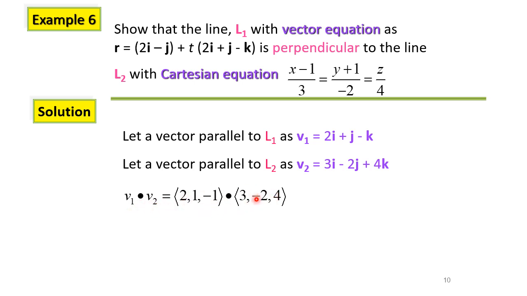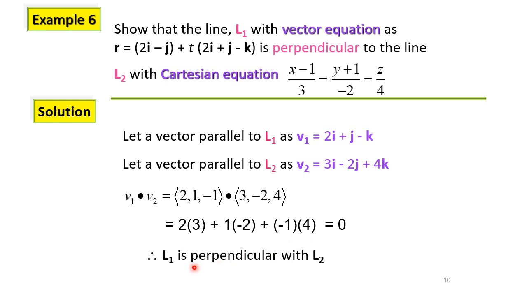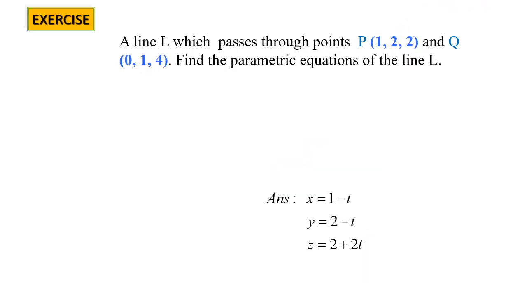We multiply according to i, j, k: 2 times 3, 1 times negative 2, and negative 1 times 4. After we add up, we find it equals 0. Since it is equal to 0, don't forget to write the conclusion. Therefore, L1 is perpendicular to L2. That's the end of our example.